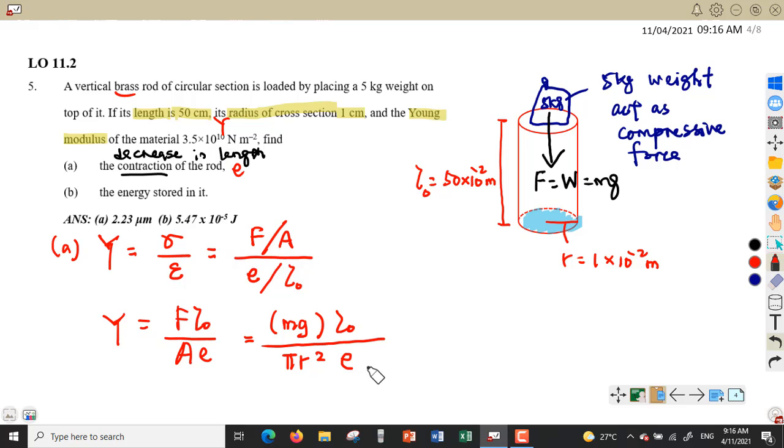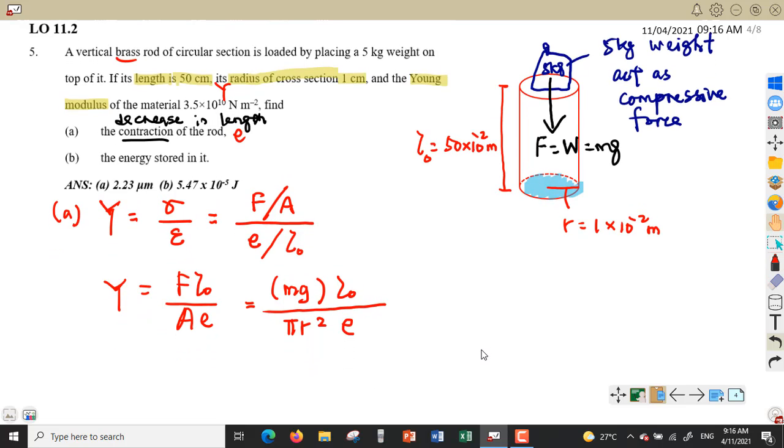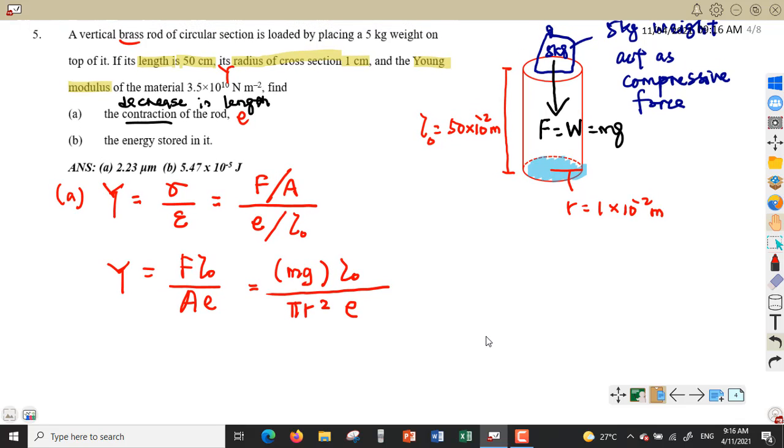We want to find the contraction of the rod, so we have to rearrange our equation. So I want to find the contraction, so it will become e equals mg L0 over pi r squared Young modulus Y. So then we can put in all the values.